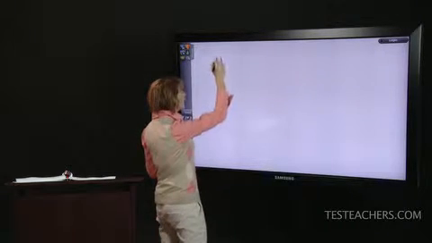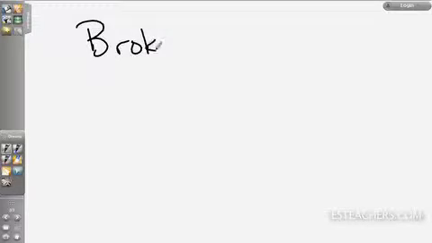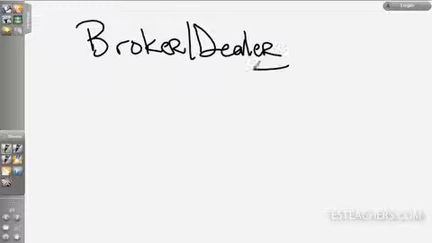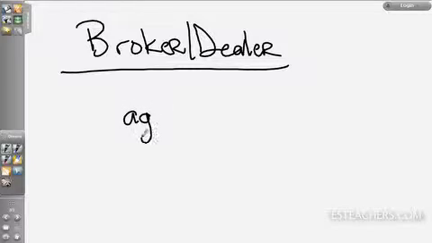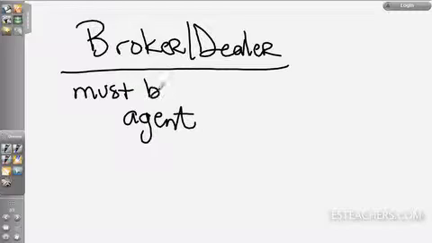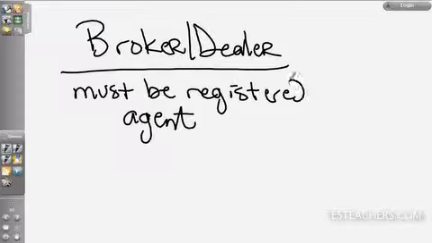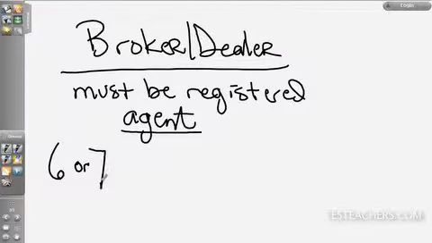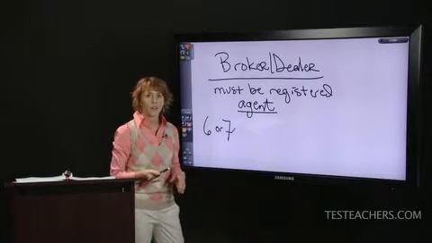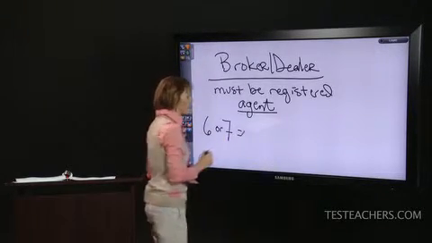If you represent a broker-dealer, which 99% of my students do, no matter what you sell or how you sell it, you must be registered as an agent. I briefly talked about this earlier on in the course, that when you take your Series 6, your Mutual Funds and Variable Products exam, or you take your Series 7, those tests are written by FINRA.